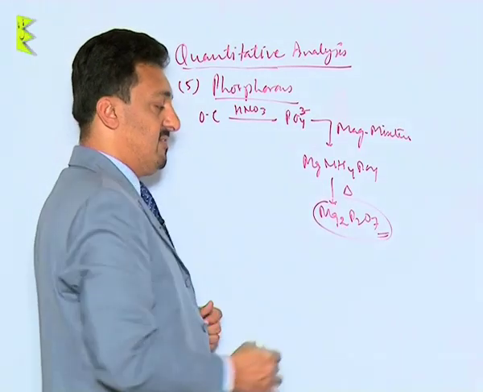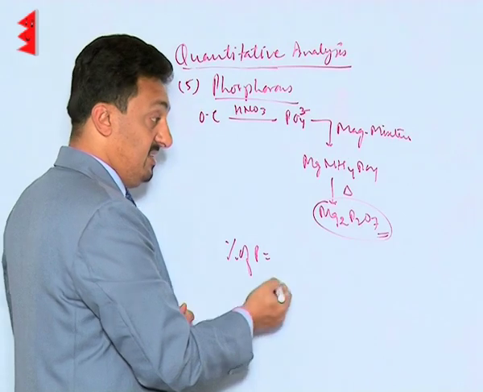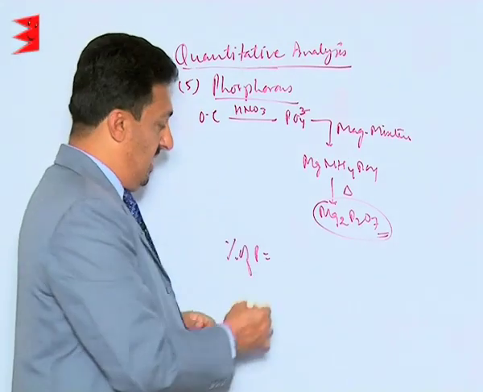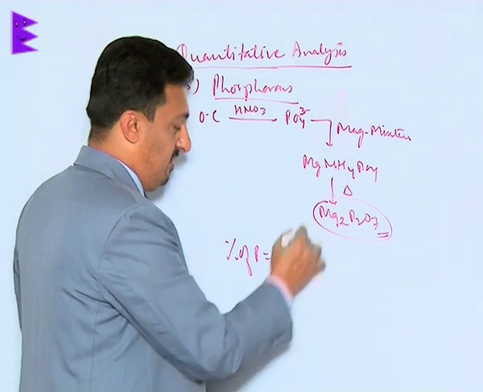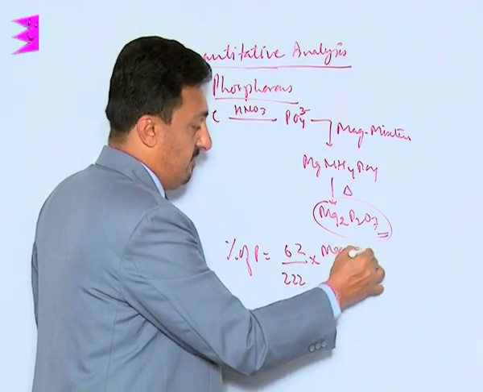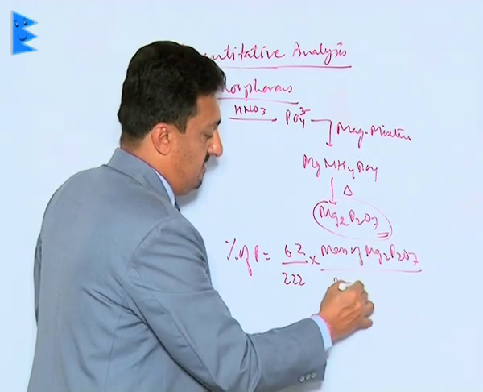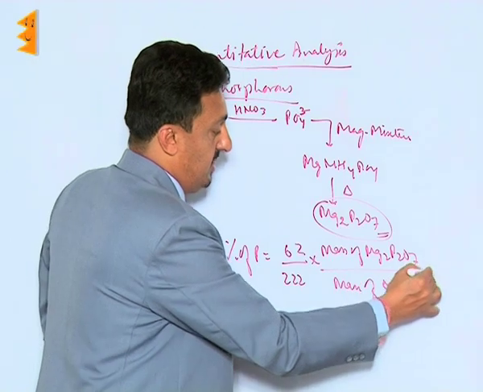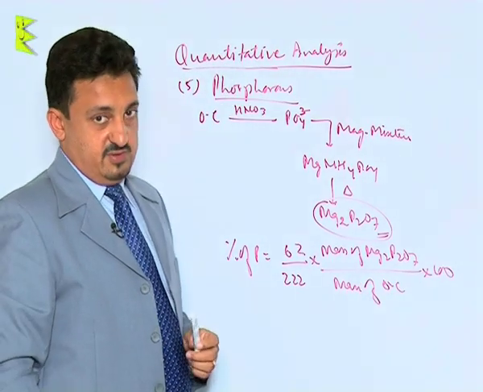Then we can find out the mass of magnesium pyrophosphate. So the percentage of phosphorus in this case will be, as there are two phosphorus, 62, and the mass of this pyrophosphate is 222, into mass of magnesium pyrophosphate upon mass of organic compound into 100. So this is how we can find out phosphorus.